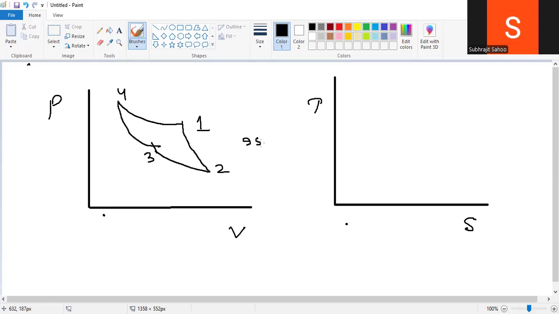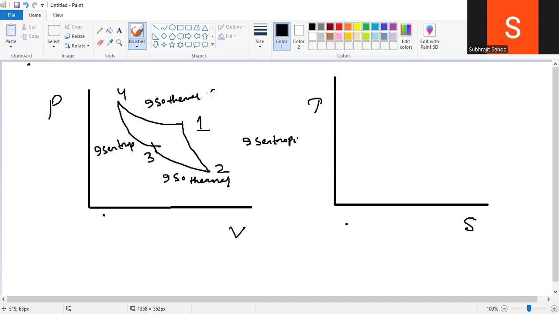Isentropic. This is isothermal. Again isentropic. Again isothermal.